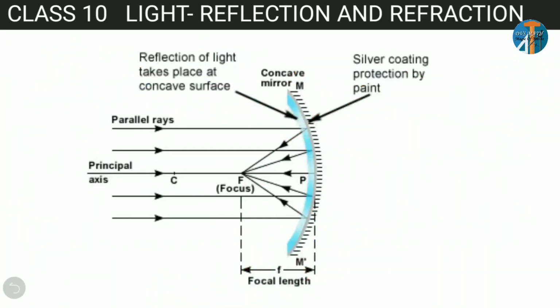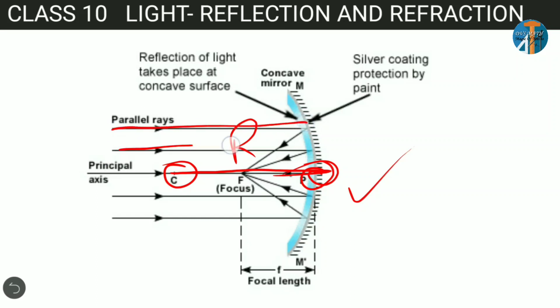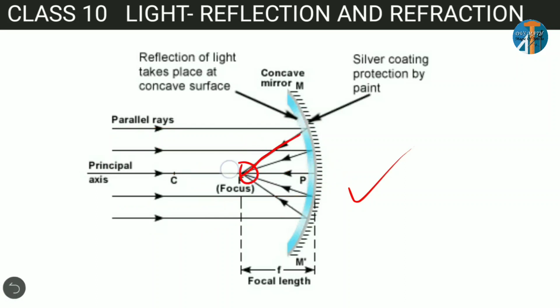Here you can see both. This is the concave mirror. This is the center of curvature, and this is the pole of the mirror, the midpoint of the mirror. The distance between the center of curvature and the pole is the radius of curvature. If parallel lines fall on the mirror, they all reflect back and meet at one point.